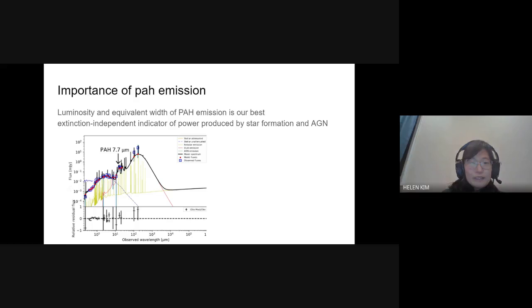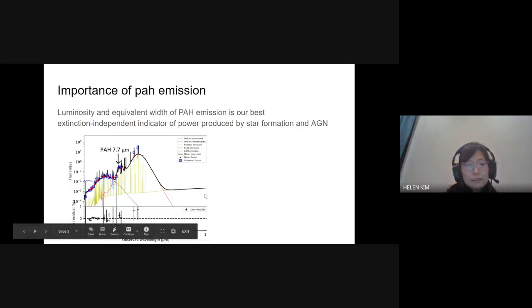So on the bottom here is another example of a spectral energy distribution that shows the PAH 7.7 micron feature. And this is a model from Segal. The special feature of this image is that we can see that one of the AKARI filters is sitting right on top of the PAH emission, which shows that the AKARI data are very important for directly measuring this PAH emission.